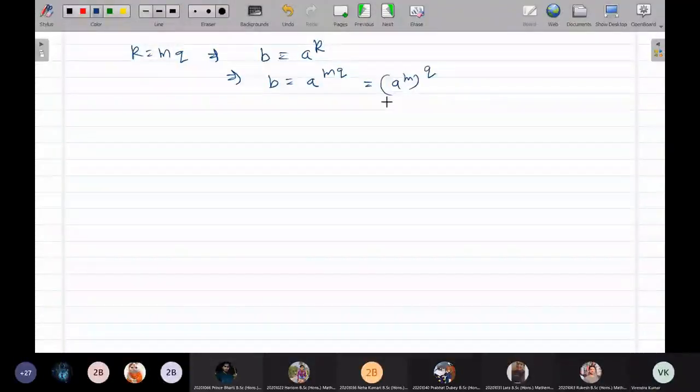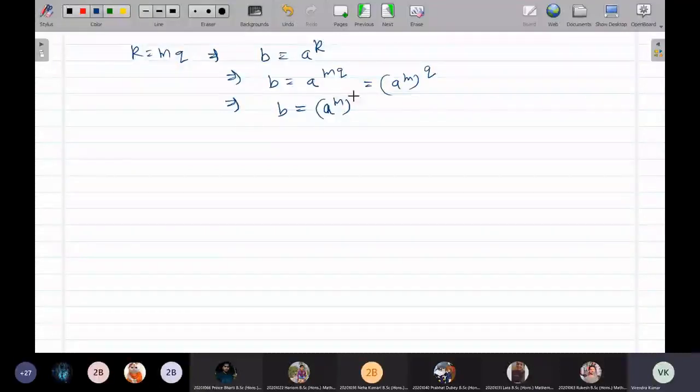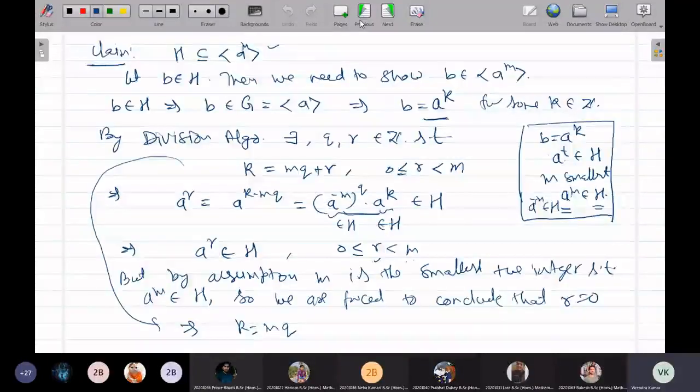This element b can be generated by raising a to the power m to some power q. So b, which initially we assumed is from H, we are supposed to prove that it is also a member of this one.